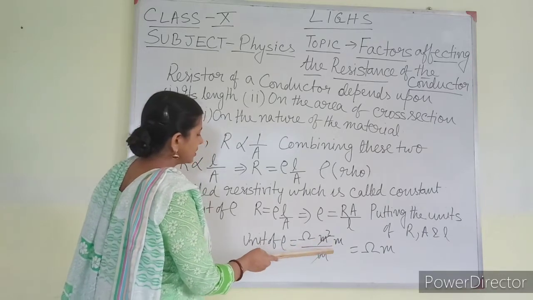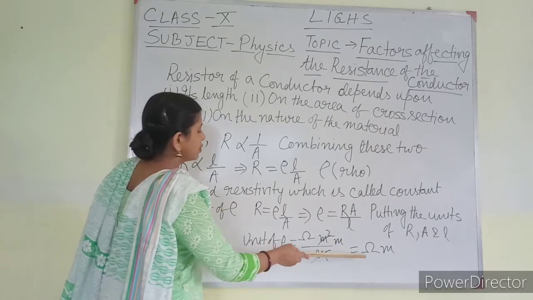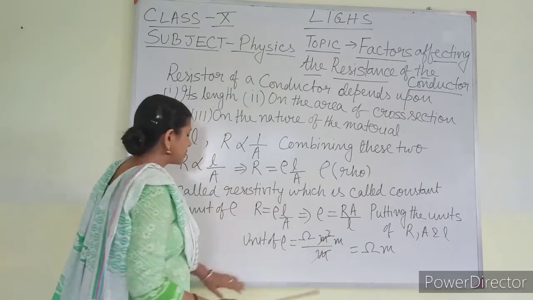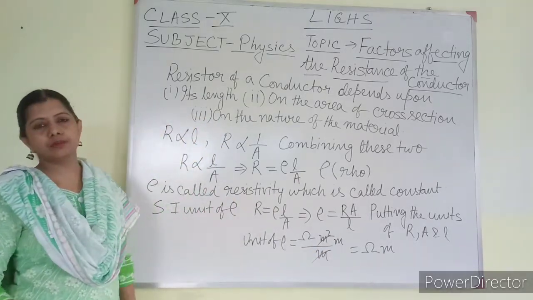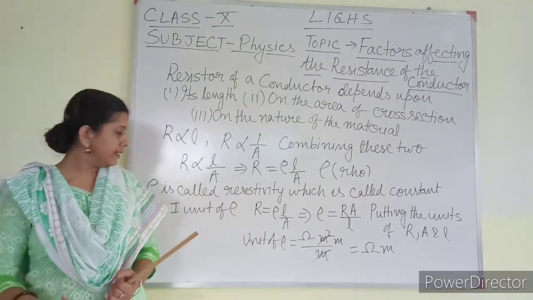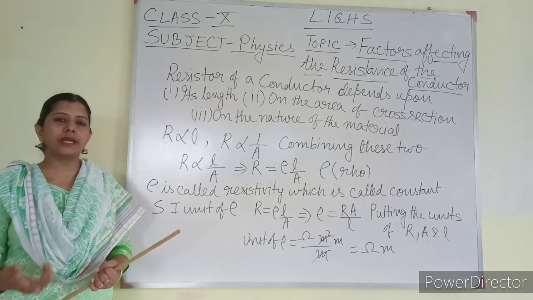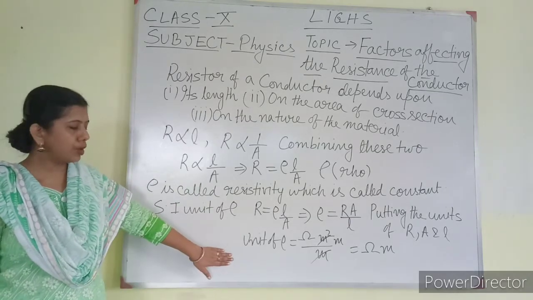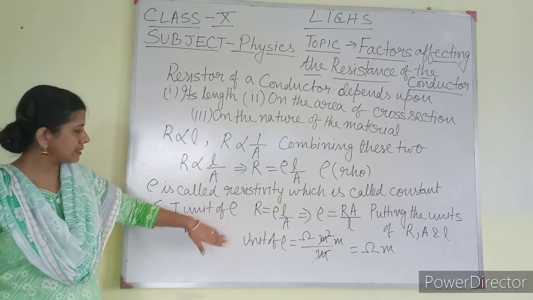Meter square and meter cancel, so you are left with ohm meter. This question can come in the board exam, on how to find out the SI unit. So I hope I have explained the SI unit.